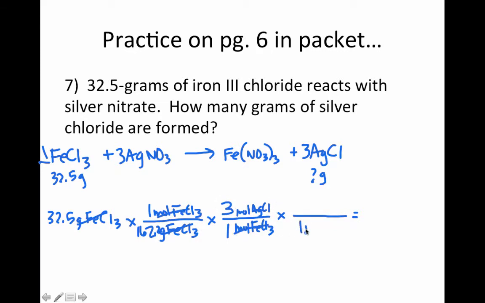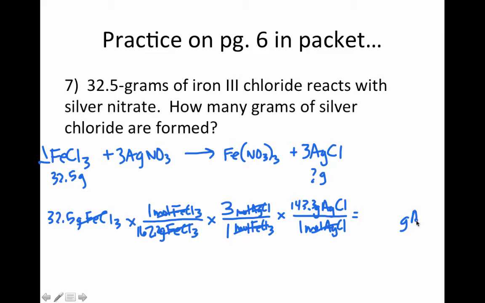Bring this unit down, 1 mole AgCl, grams of AgCl. I look that up on the periodic table. 107.87 plus 35.453. I get 143.3. Okay, and this unit cancels out.